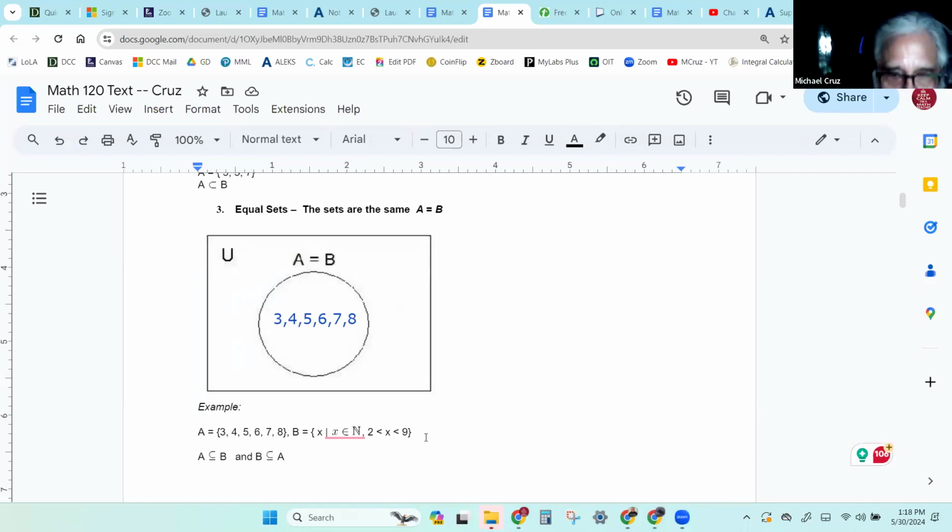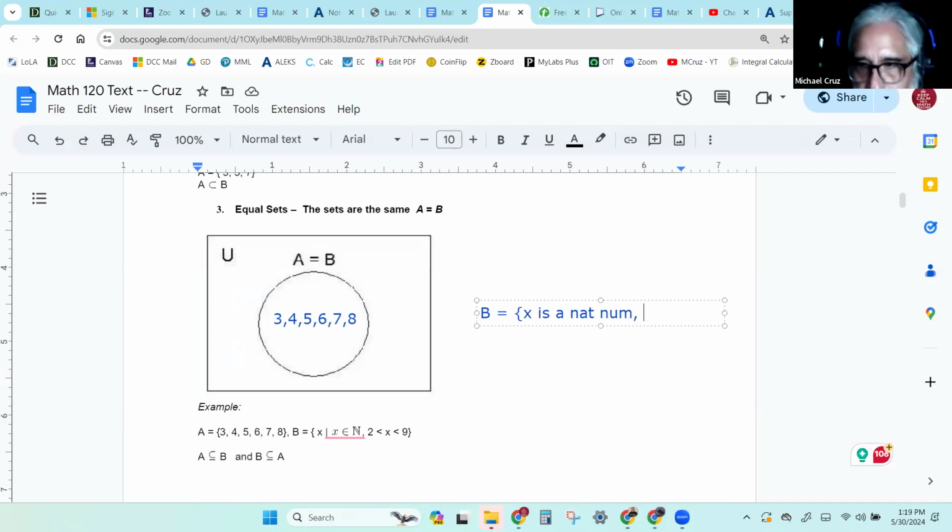And B, well, it has a different looking thing, but you know what? That's the set builder notation. So this is the way that we would represent 3, 4, 5, 6, 7, and 8 through an inequality. Notice that I don't have any equal sign, but if I wanted to, I could do this and get the exact same one, X and that number.